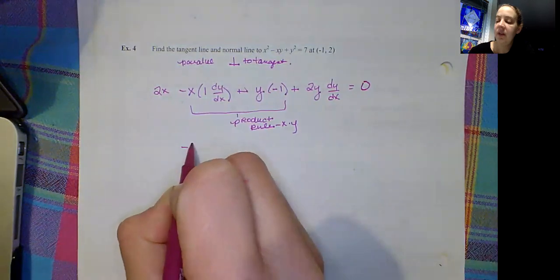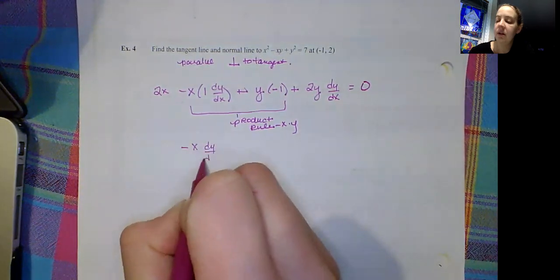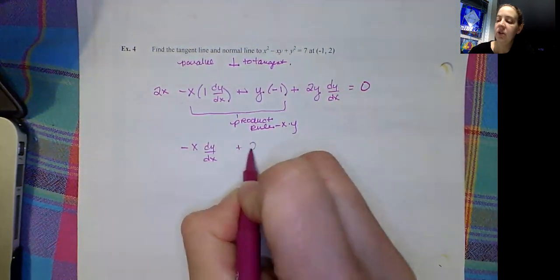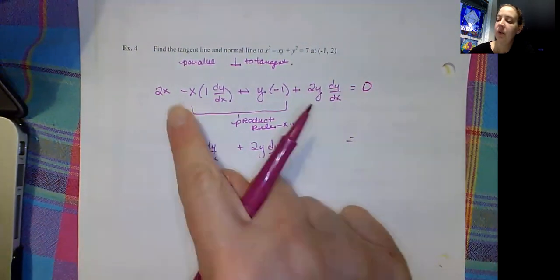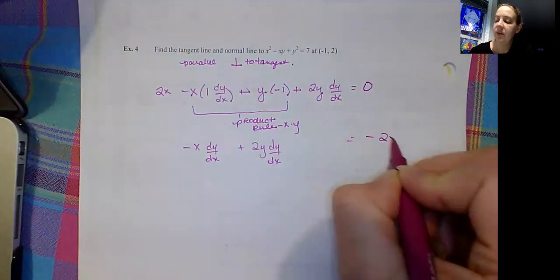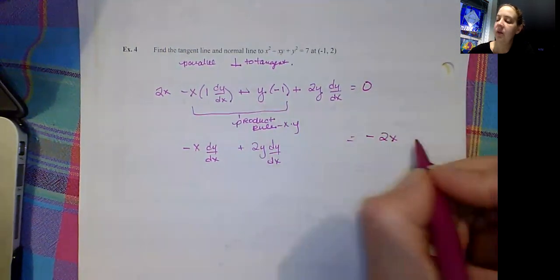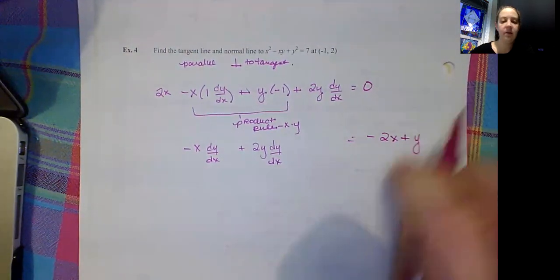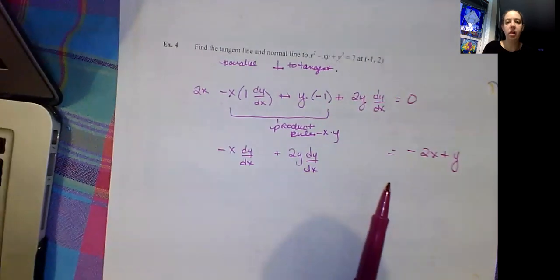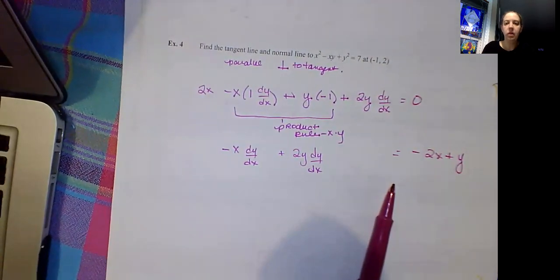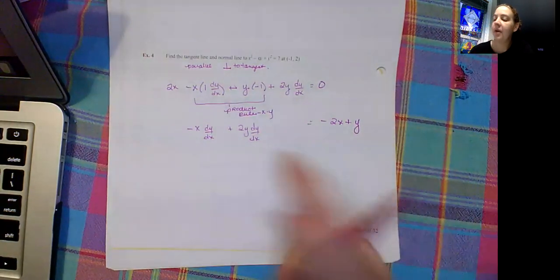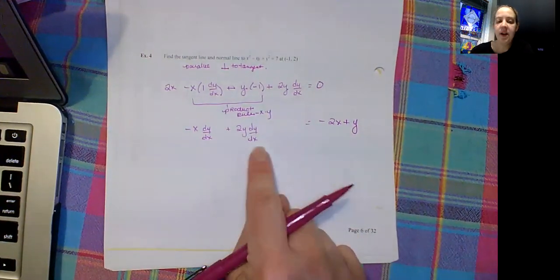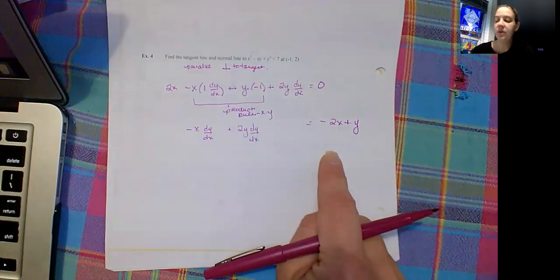So the negative x dy dx and the 2y dy dx stay. And we have to move this 2x to the right, so negative 2x to the right, and negative y to the right. All right, so we have dy dx on the left, moved everything else over to the right.